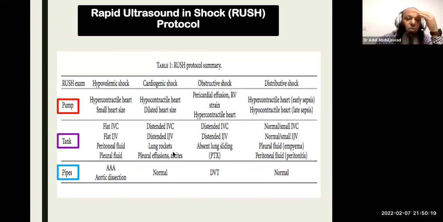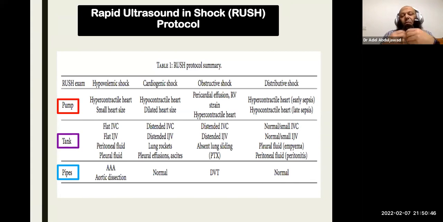Regarding the RUSH protocol, you have to assess 3 main items: the pump, the tank, the pipes. We call it like this: pump, tank, pipes, PTP. Remember, pump, tank, pipes. And I will highlight what it means: pump, tank, and pipes.